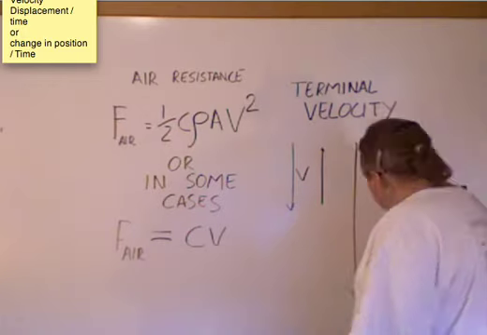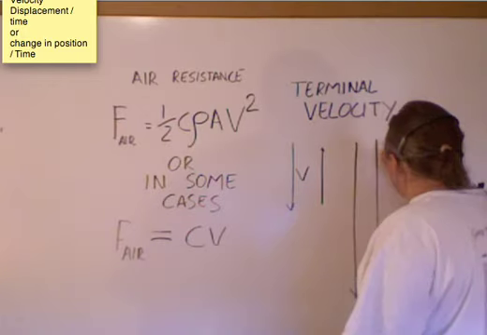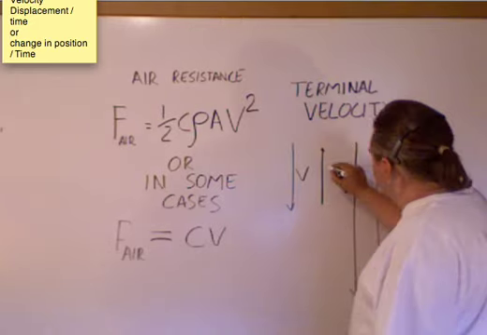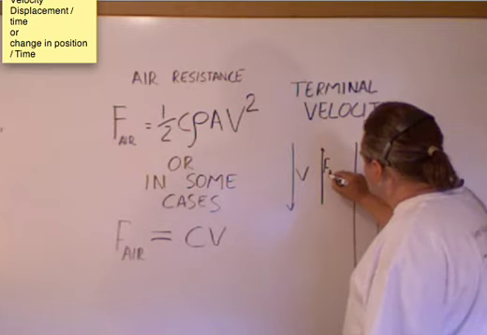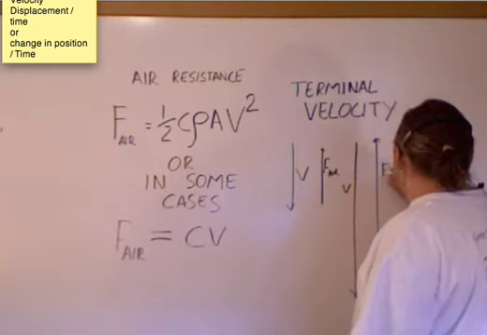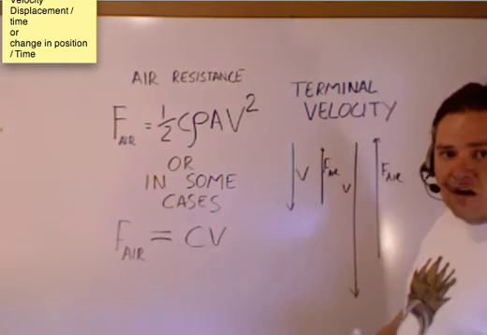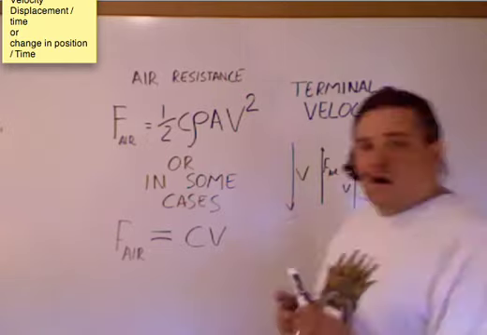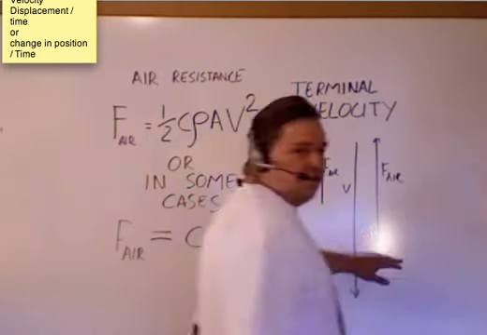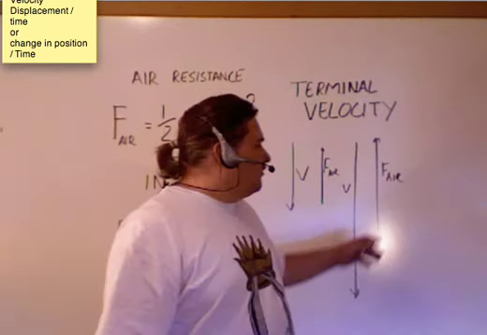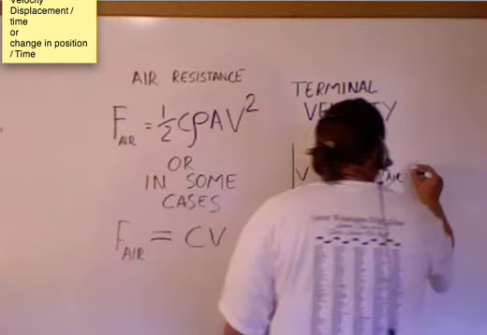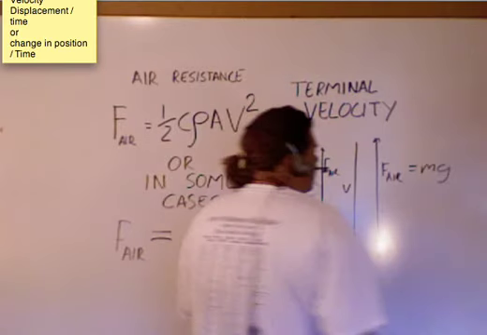So as the velocity grows, so does the air resistance, to the point where this value of air resistance, whatever it is, ends up equaling the weight of the object.